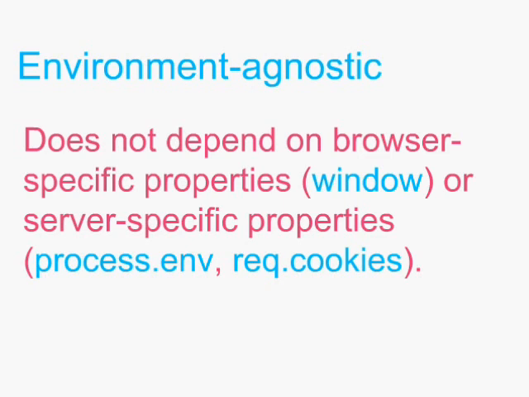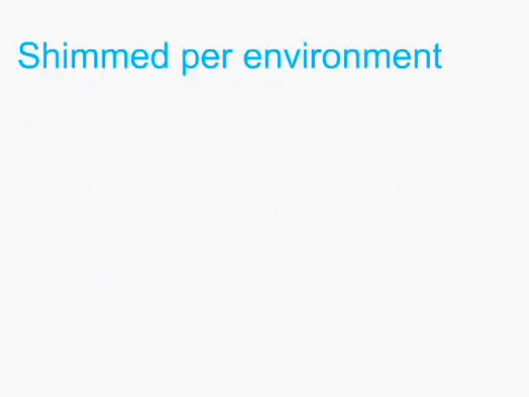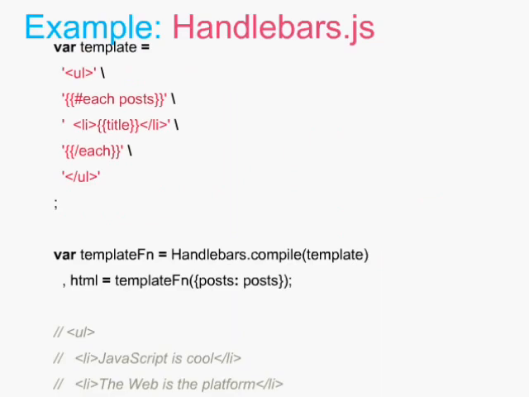For another example of an environment-agnostic piece of JavaScript, let's look at Handlebars.js. Handlebars is a really popular templating library. And again, it only deals with primitives.